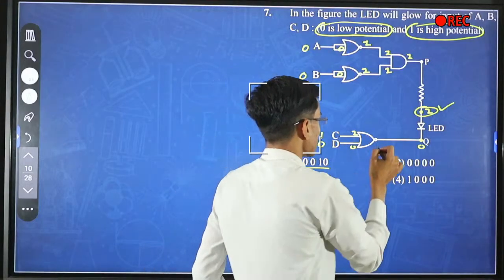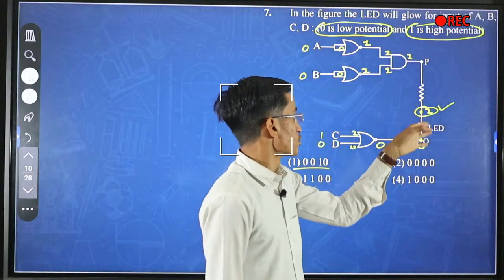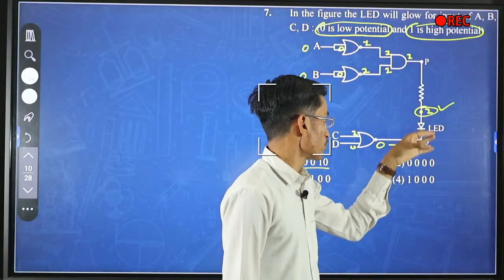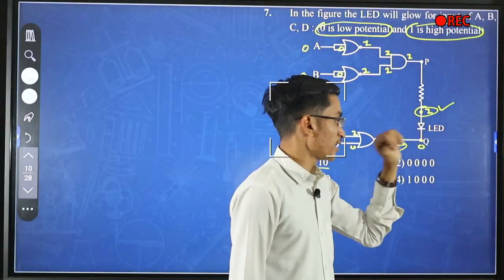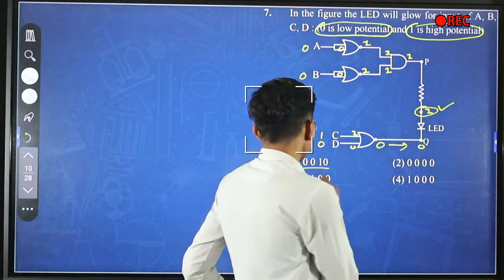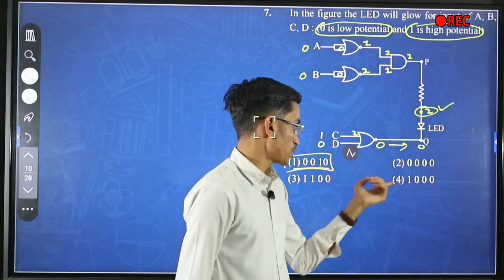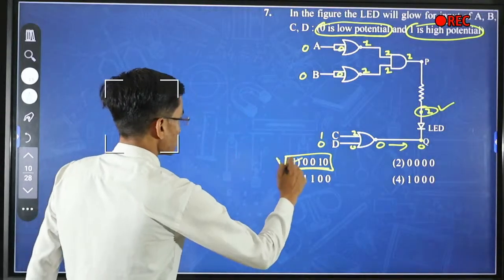Inverse of 1 is equal to 0. So here 0 output has come. So 1 and 0. 1 is higher potential, 0 is lower potential. So this diode will be in forward bias, and for forward bias the LED will glow. So here it is answered. You can solve the other options too for verification. But our answer is 1.